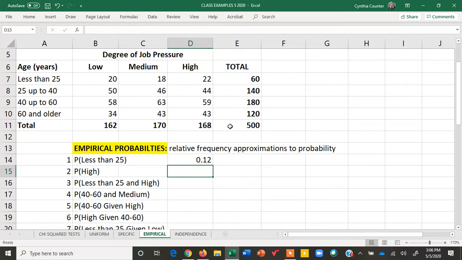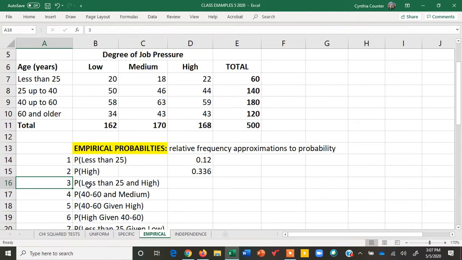This would be considered a marginal probability. Probability of high job pressure. Again, straightforward. There are a total of 168 individuals who reported high job pressure out of a total of 500 individuals. So 0.336.